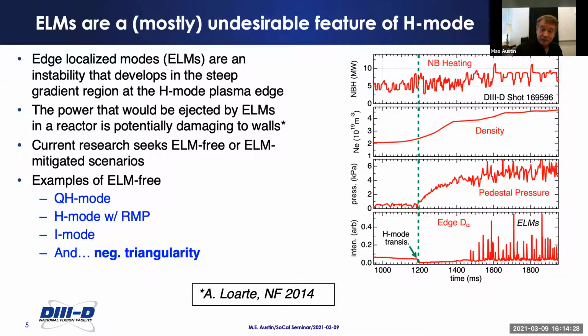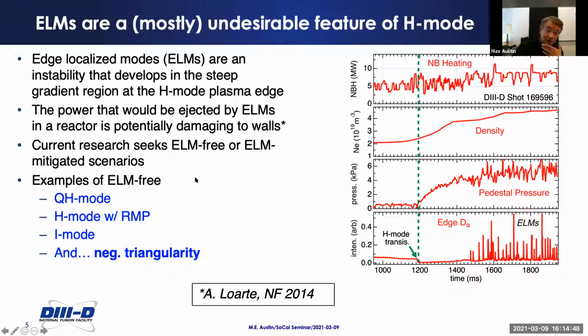The power that would be injected by ELMs in a reactor is potentially damaging to walls. If you want to read the horror stories for the ITER device, you should read Alberto Loarte's paper in Nuclear Fusion, which discusses what could happen there and how they plan to mitigate it.